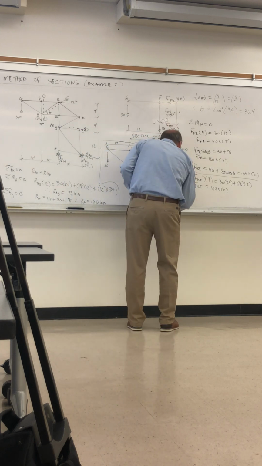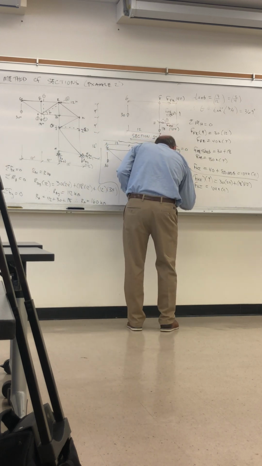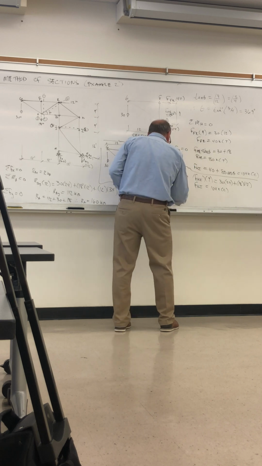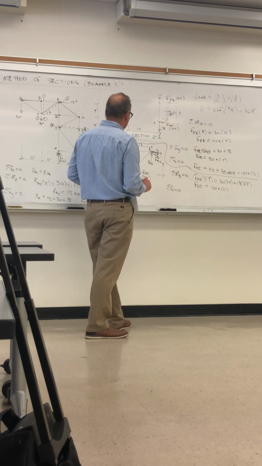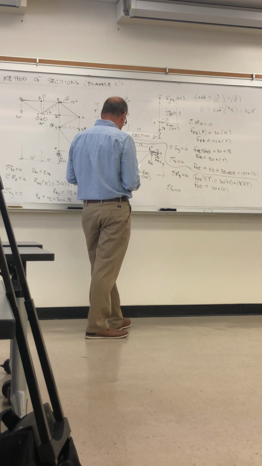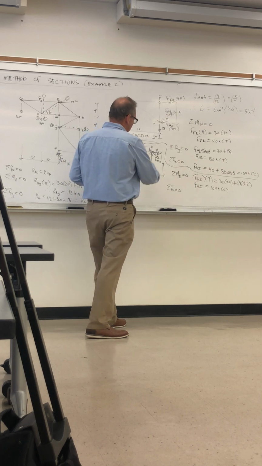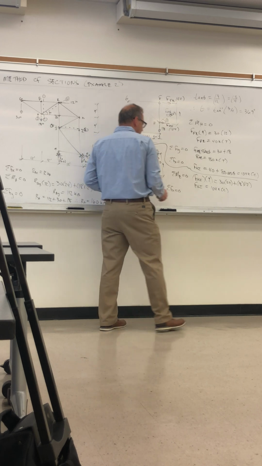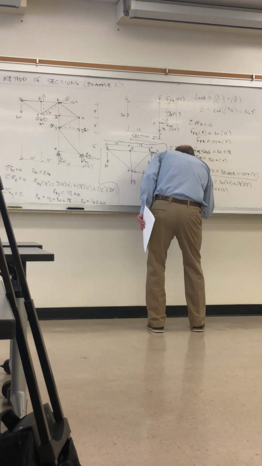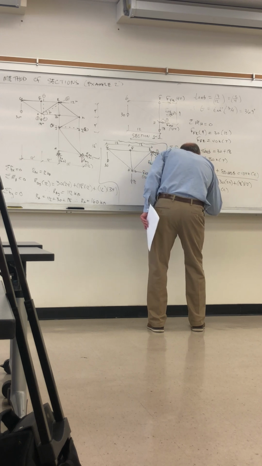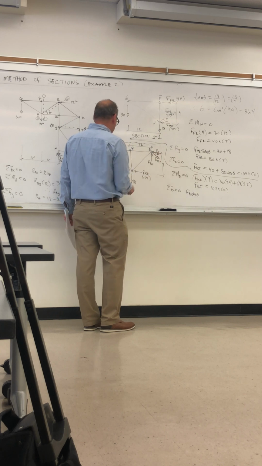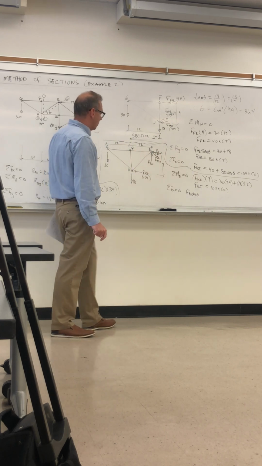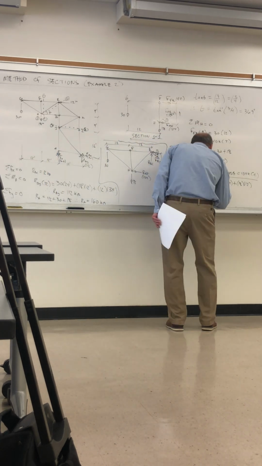Now let's take a summation of forces in the X equals 0. I'm going to solve here for F of ED. F of ED is at an angle, so take that into account. That's our unknown in this equation. F of ED times the cosine of theta gives me the horizontal component to the right. All the other forces go to the left that are in the X direction.